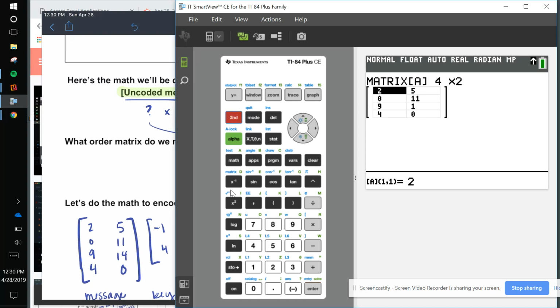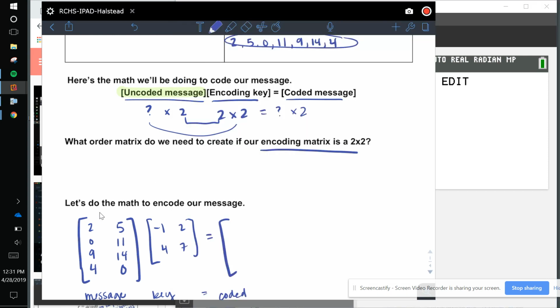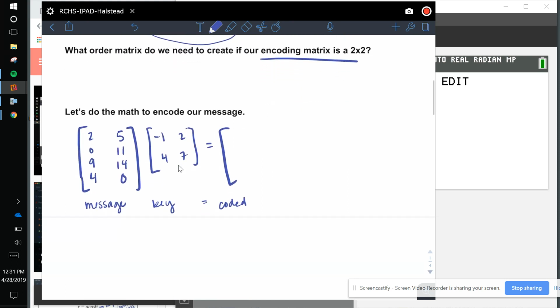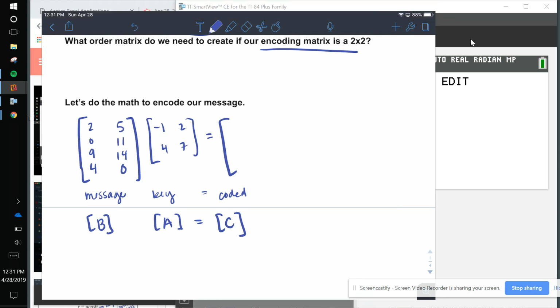I'm going to go ahead and type in our encryption key, which is a matrix. I need to be a little careful here because we called this matrix A. So the key is A. I'm going to call the message B, and the code is C, just to keep our math consistent.